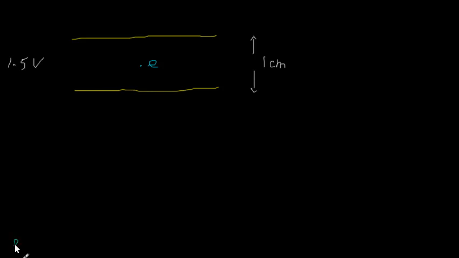The charge of an electron is very small. It's just 1.6 times 10 to the power of minus 19 coulomb. Very small number. So I want to calculate the force on this electron.